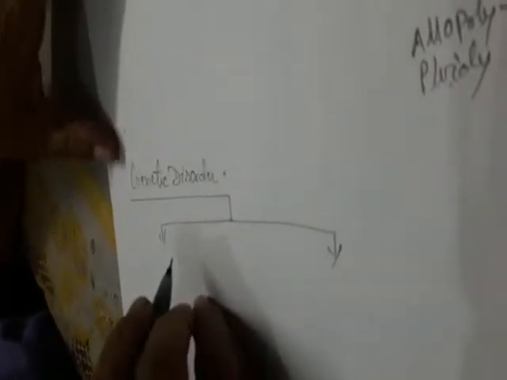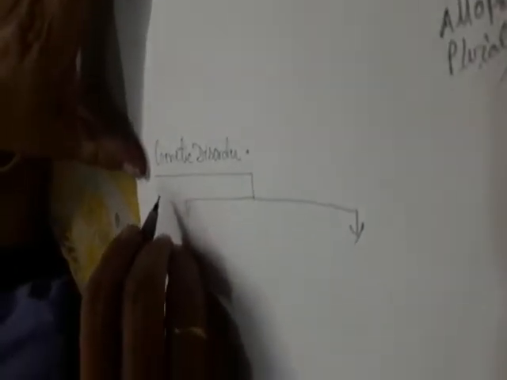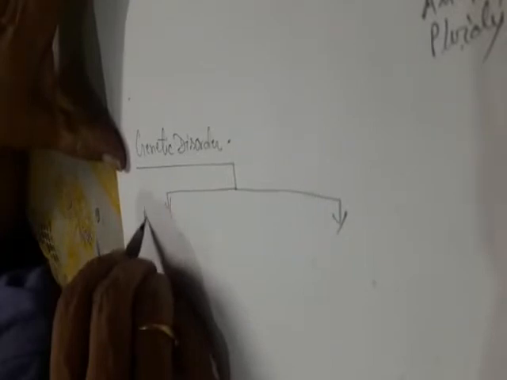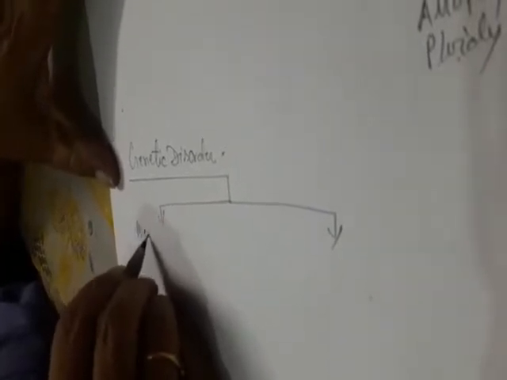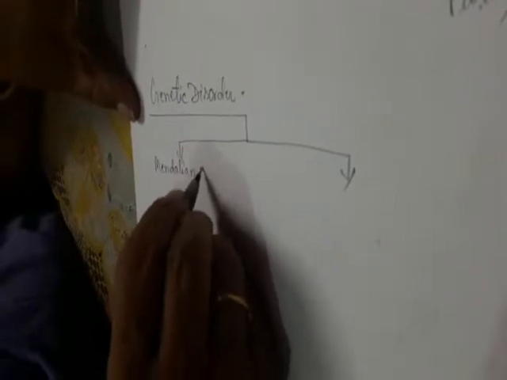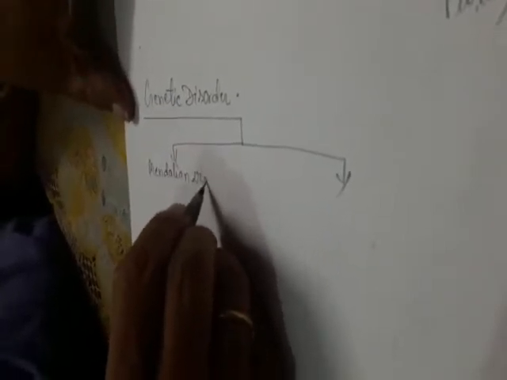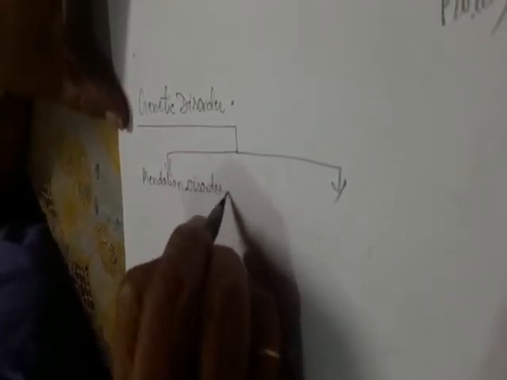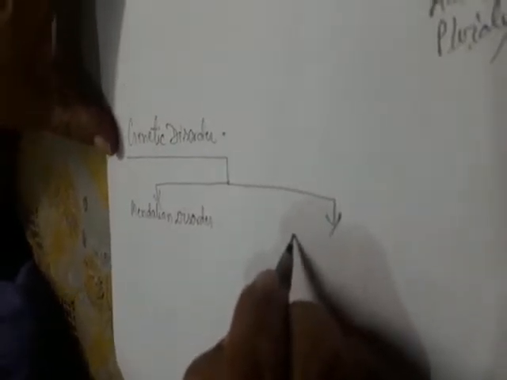One is known as Mendelian disorders and second is known as chromosomal disorders.